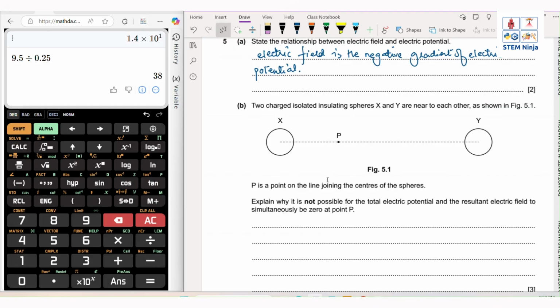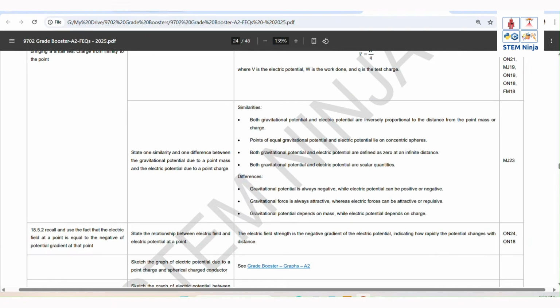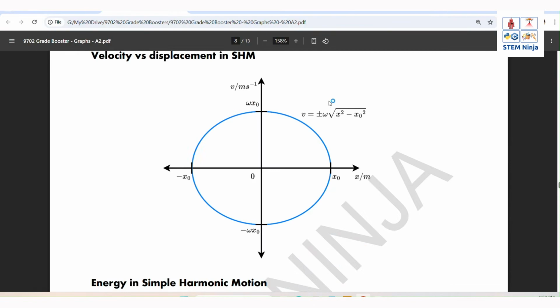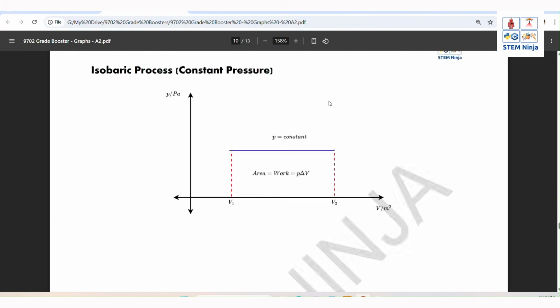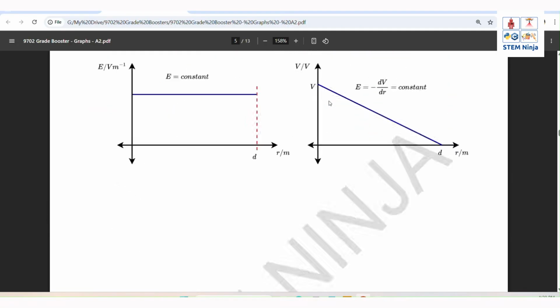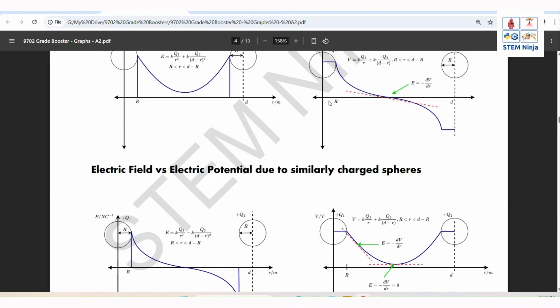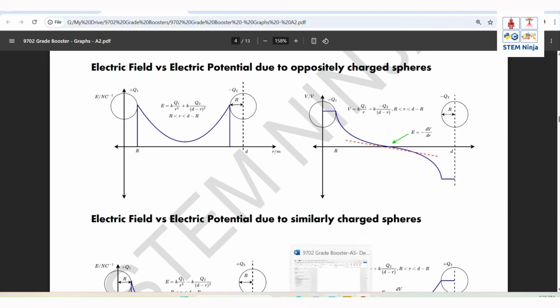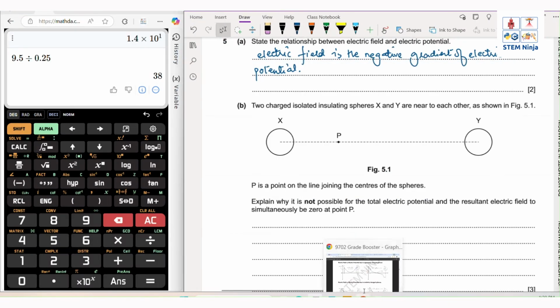Explain why it is not possible for the total electric potential and the resultant electric field to simultaneously be zero at point P. Now there are two cases here, whether the charges are oppositely charged or same charges.